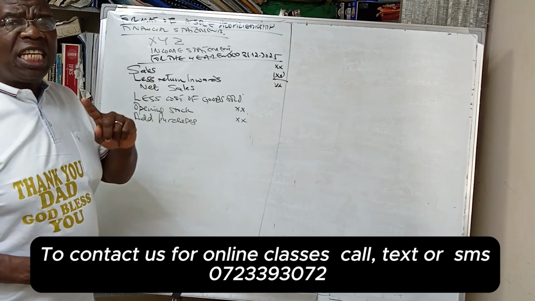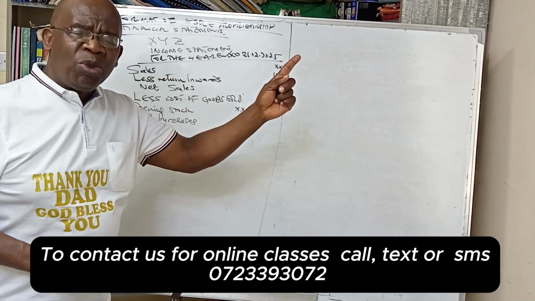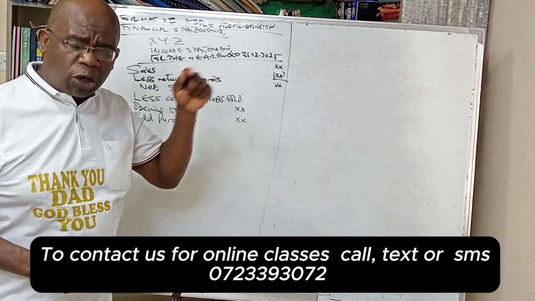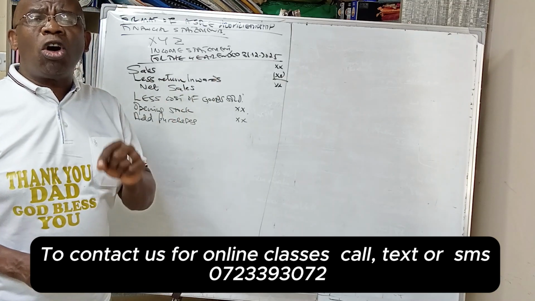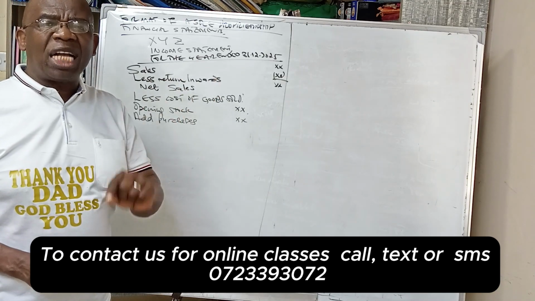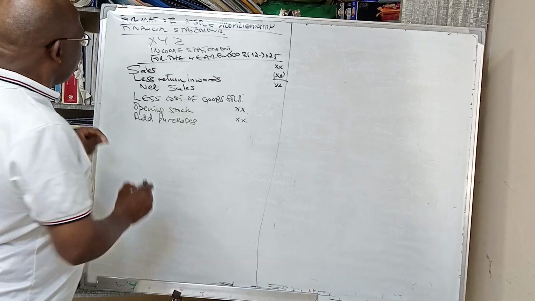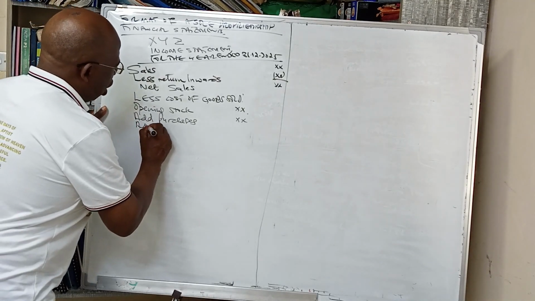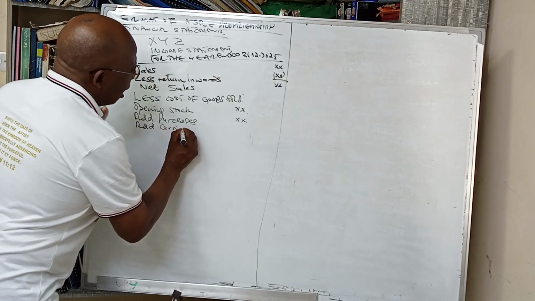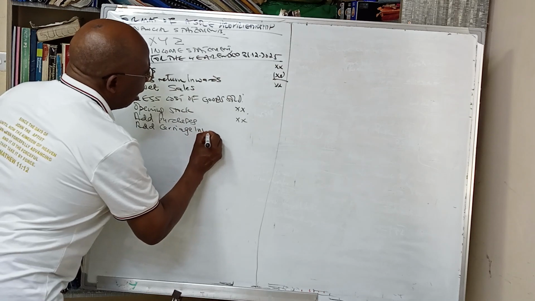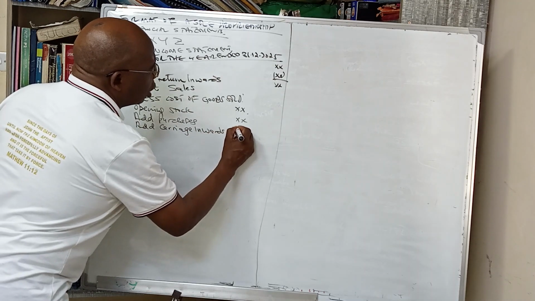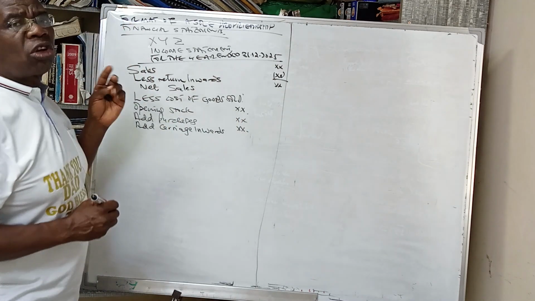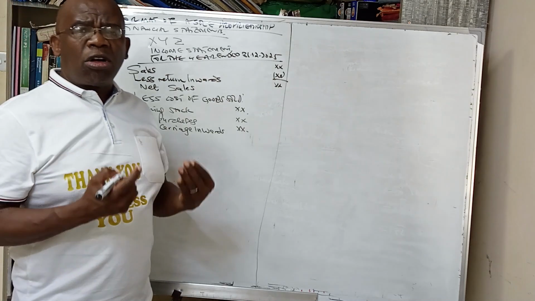But if we purchase the stocks far away, the transport cost of those stocks to the shop is called carriage inwards, and it is part of the cost of inventory. So we say we add carriage inwards. The cost of transporting goods into the firm is called carriage inwards.